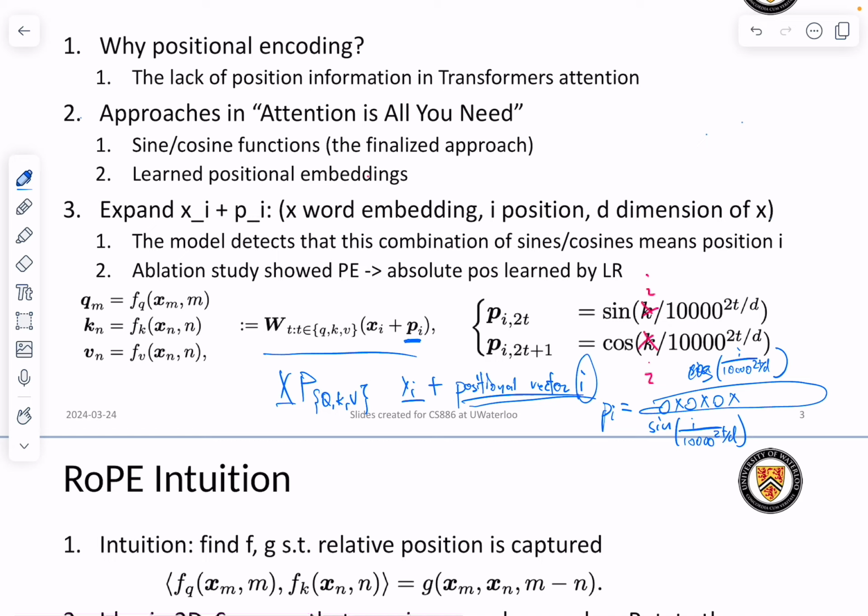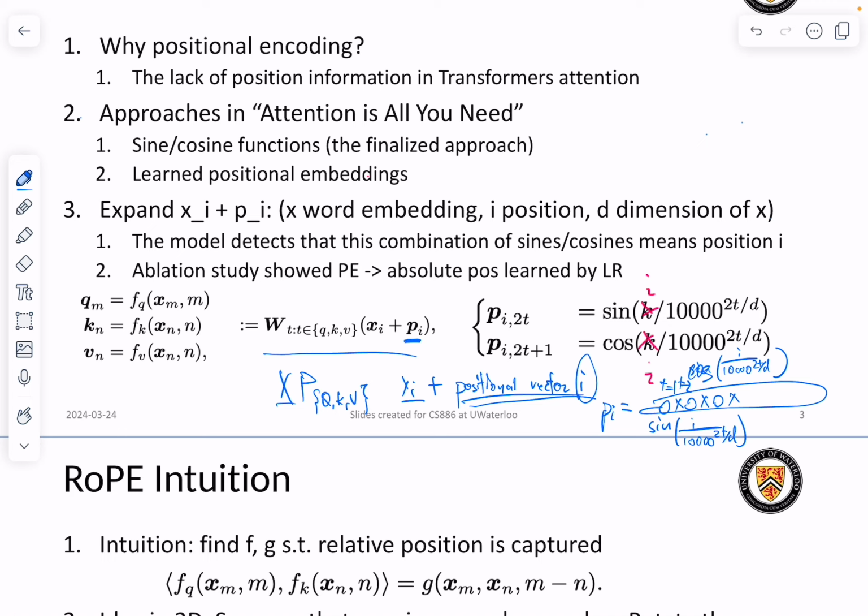And t here is the index within pi, because pi is not a single value, it's an entire vector. So here t would be equal to 1, here t would be 2, and it's going to increase as we go along.